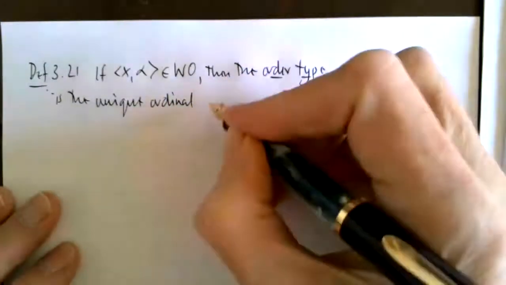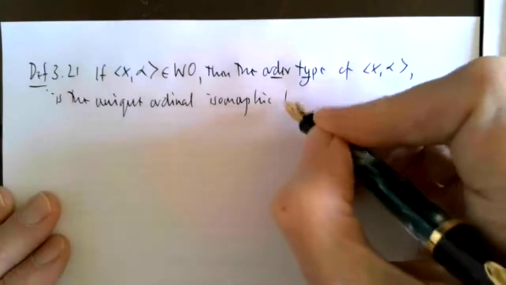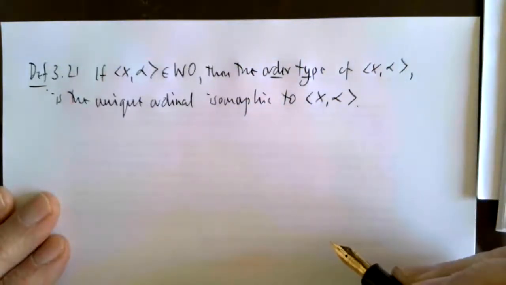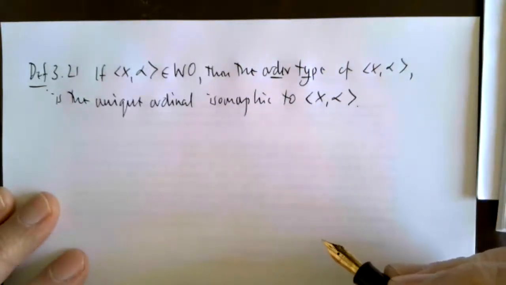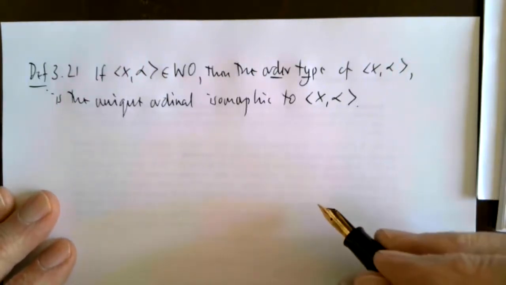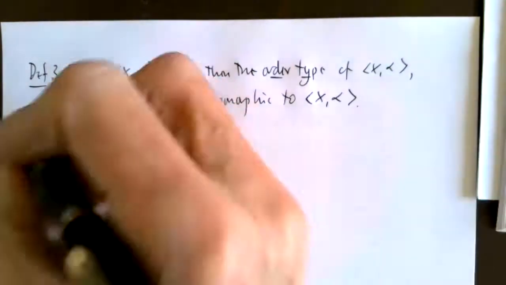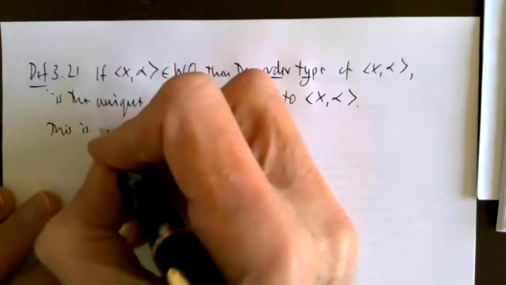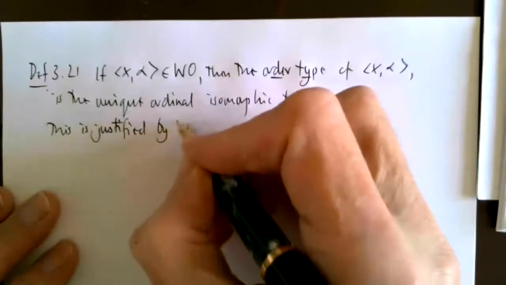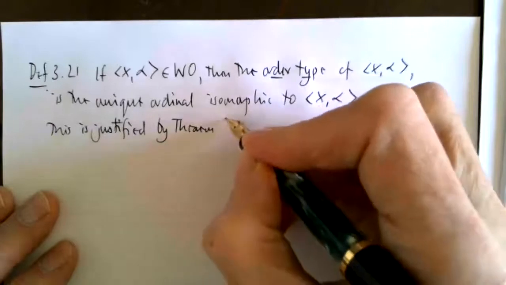So the unique ordinal isomorphic to X with curly less than. And the last theorem, 320, the representation theorem for well orderings, justifies this. It says there is a unique ordinal isomorphic to any well ordering. So this is justified by the last theorem, which is 320.